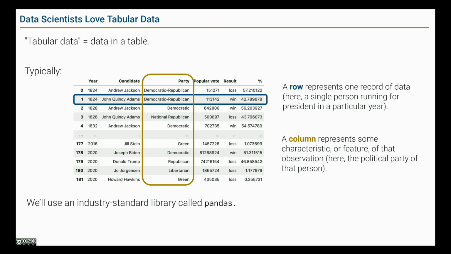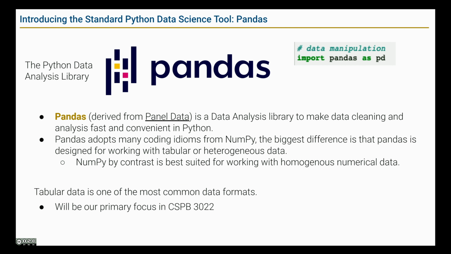Pandas is the library in Python that was designed specifically for working with tabular data, and that's what we'll be using throughout this course. So Pandas was built basically on a lot of the coding idioms from NumPy, and we'll talk about NumPy in a minute, but the biggest difference is Pandas is really designed for working with this tabular data.